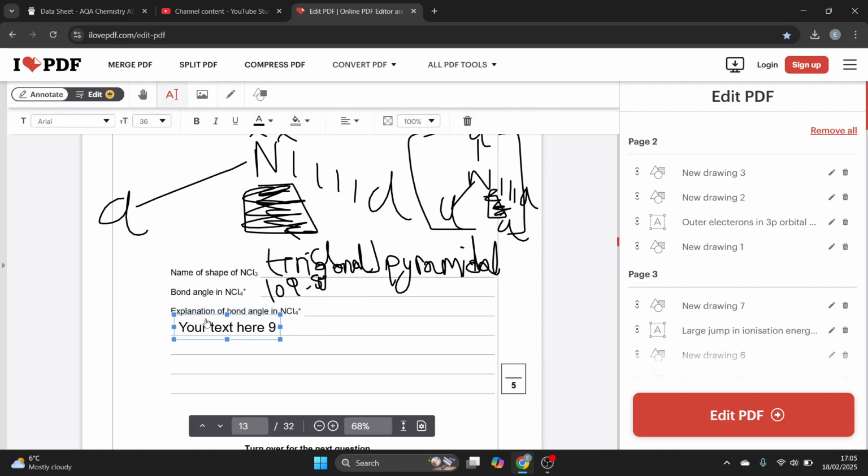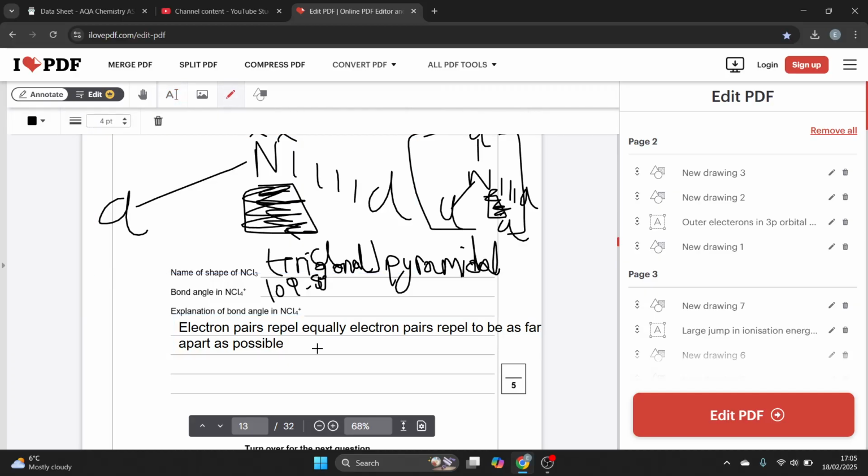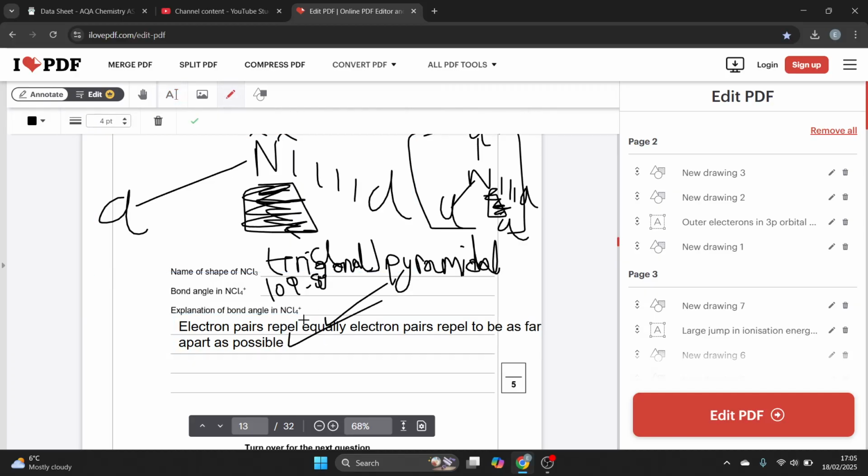So you need to talk about just the electron pairs. Electron pairs repel equally. Electron pairs repel to be as far apart as possible.